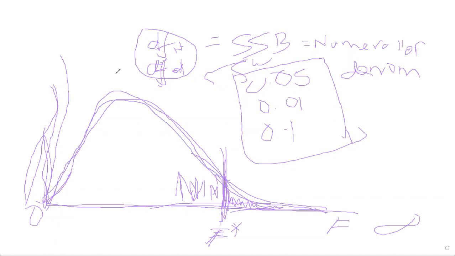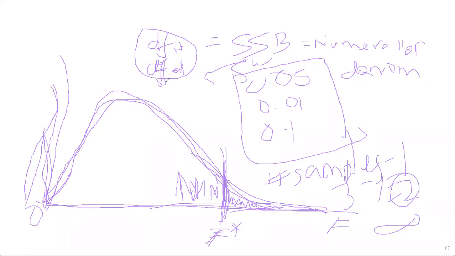So what's df? Well, df of the numerator is just the number of samples minus 1, right? In this case, 3 minus 1 equals 2. This is your first df, if you have three samples. Your denominator would be the total number of observations of all your samples.